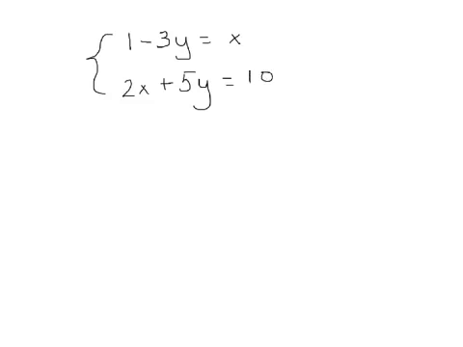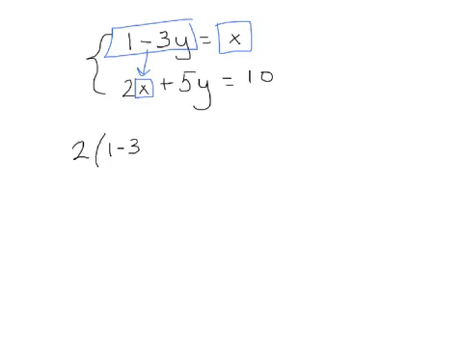So it's not always the first one, but in this case I notice that x is going to be this 1 minus 3y. So I get the idea that instead of writing this x, I'm going to substitute what x is equal to into the second equation. So it becomes 2 times 1 minus 3y plus 5y is equal to 10.